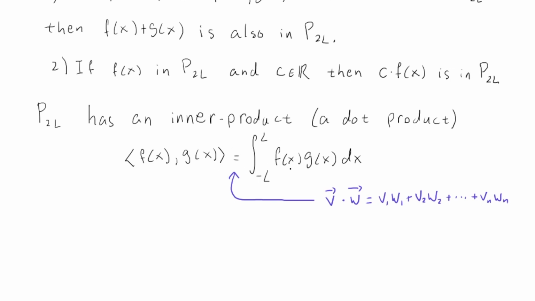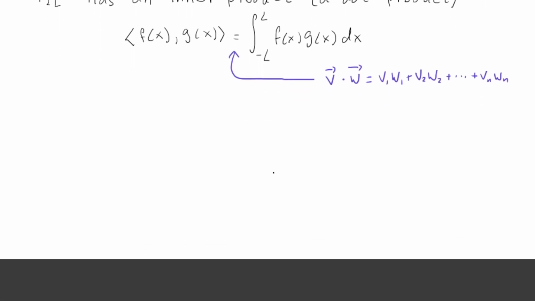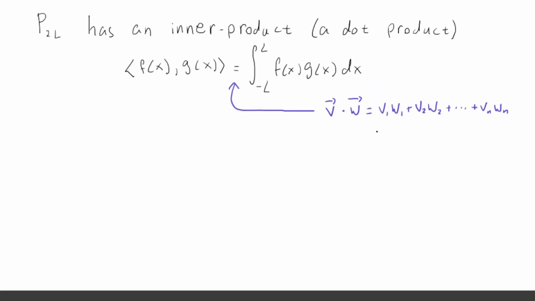Okay, but if you have a space with a dot product, then you can talk about a symmetric operator, because that's all we needed to define a symmetric operator. And so why don't we do that?